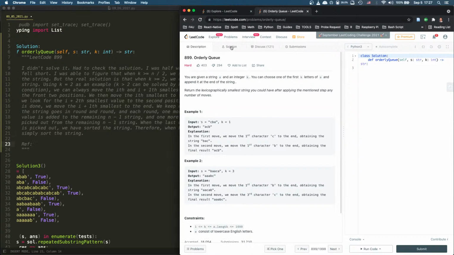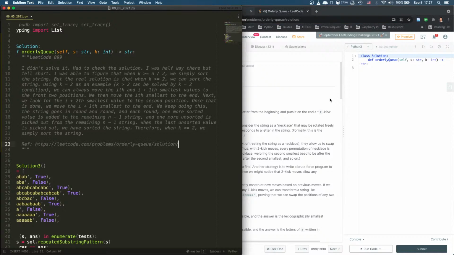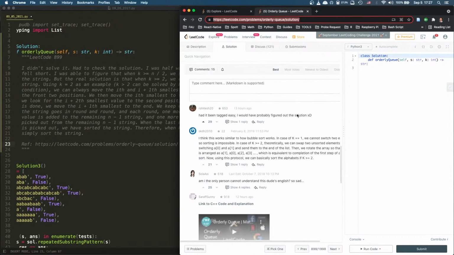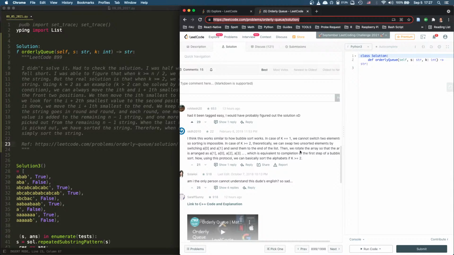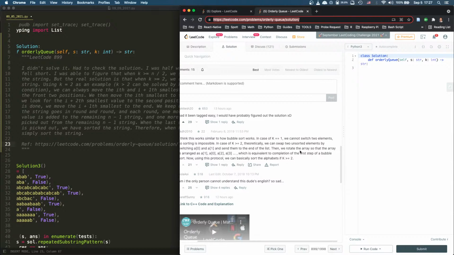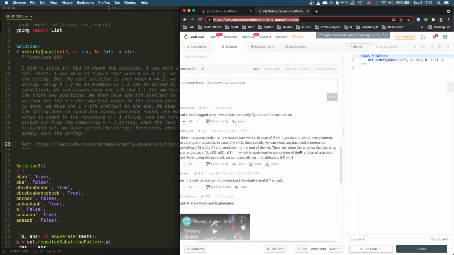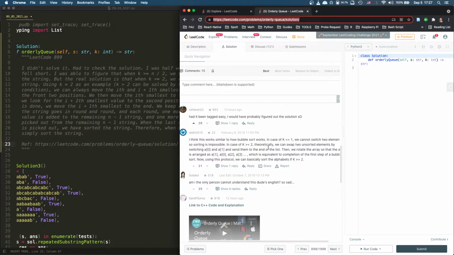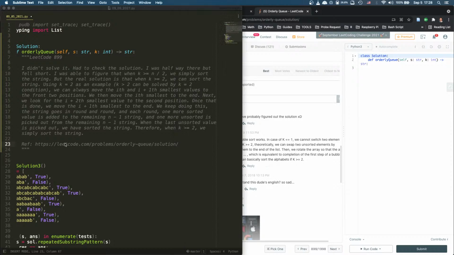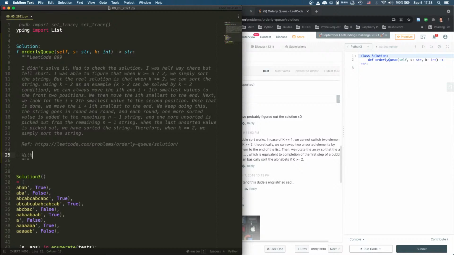It does feel like bubble sort. We can always switch. This is basically bubble sort, yes.